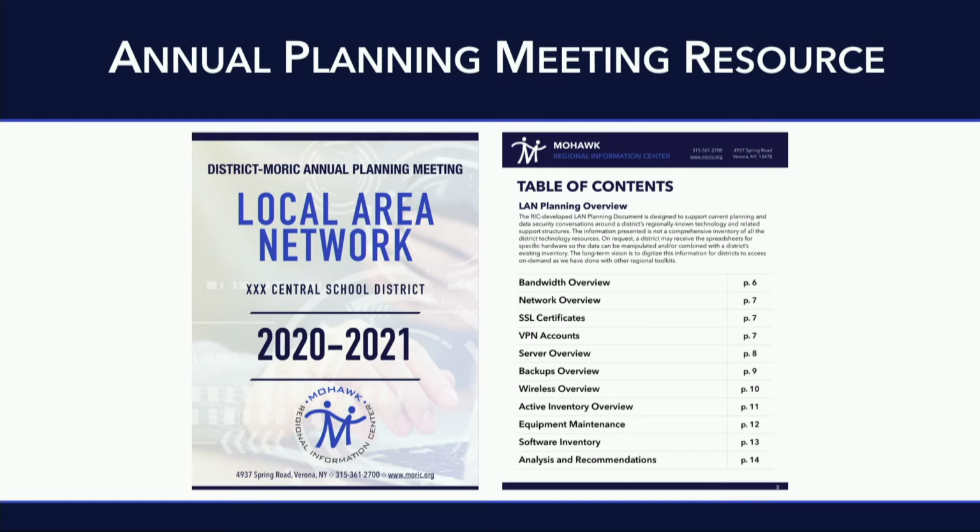This table of contents is an overview of all of the sections that are included within this resource and include a bandwidth overview, a network overview, and other resources around SSL certificates, VPN accounts, and then diving into servers and backups, wireless and switch inventory, active inventory, including all of the equipment that you purchase through the RIC, and then equipment maintenance and the licensing that you purchase through the RIC, as well as then a software inventory from across teams, whether it's an administrative system, an instructional system, a data system, or a technical system.